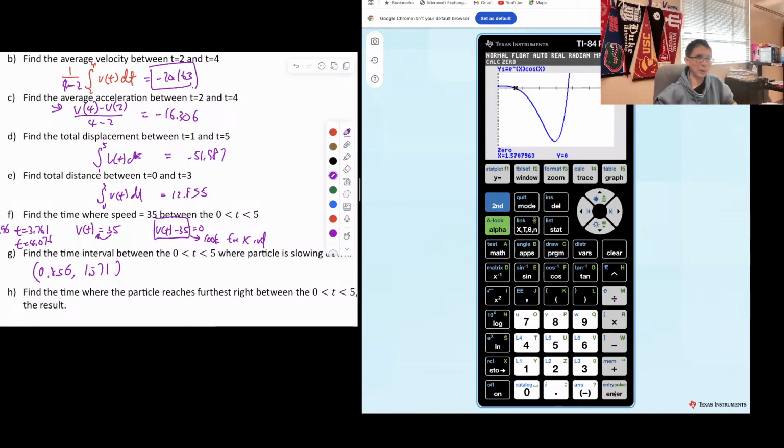A TI-84, huh? I'm thinking you guys gotta learn how to use the calculator. My window is 0. I like to have this as -1 to 7 here. My window, I like this one's 10, this one's -39, so I can see the whole graph.